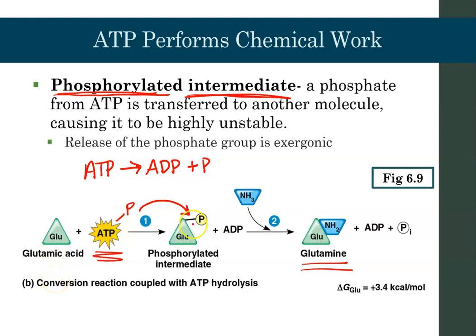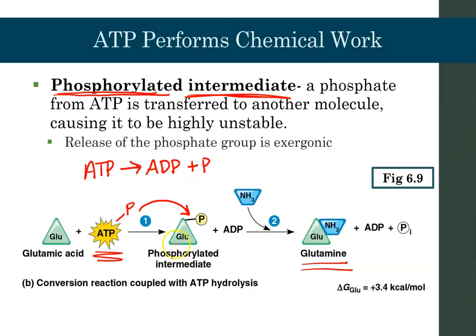So we have just performed an anabolic reaction. We've put energy in, so this is an endergonic anabolic reaction. And remember that when we put energy into a system, it becomes unstable. So this phosphate makes that glutamic acid unstable. And when they're unstable, they want to react.